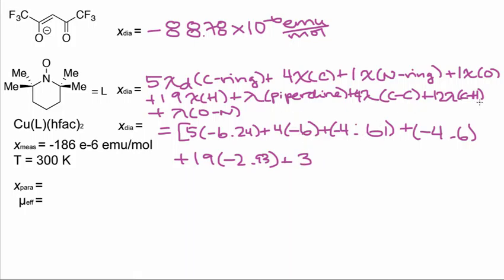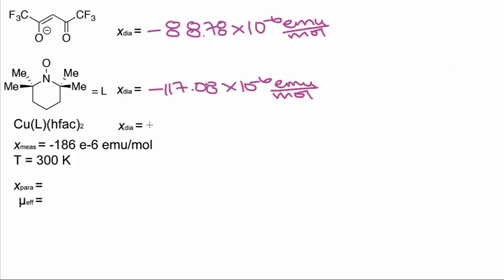The carbon-carbon, carbon-hydrogen, and oxygen-nitrogen bonds will all be considered to be 0, so they won't contribute to the diamagnetic correction. If we add all of this up, what we get is negative 117.08 times 10 to the negative 6 emu per mole. Now we have the diamagnetic correction for TEMPO, so I'm just going to clean up the board again.